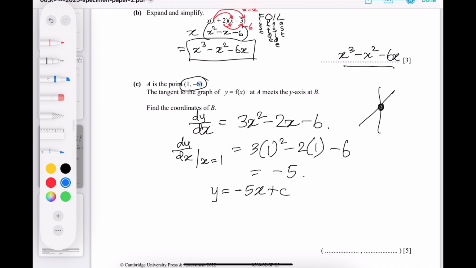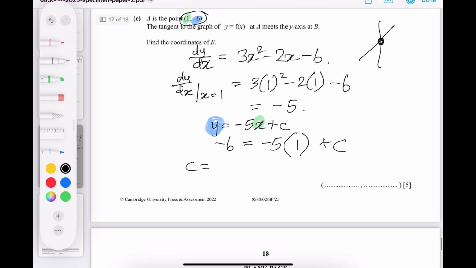So firstly we substitute in negative 6 for y. And then we do x of 1. So negative 5 times 1. And then finally plus c. And now we can just solve for c. So c is equal to negative 1.